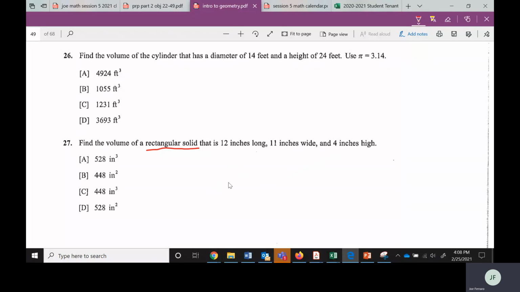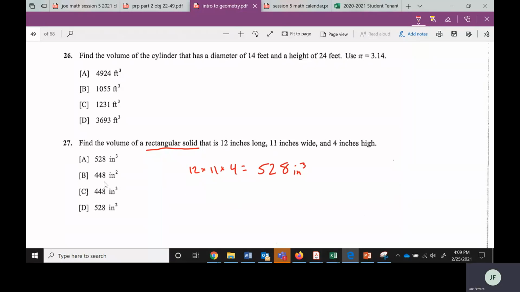I don't really think you need to do that in this one. You can, but it says it's a rectangular solid, and they give you length times width times height, and you just multiply them. You multiply those, you get 528 inches cubed.